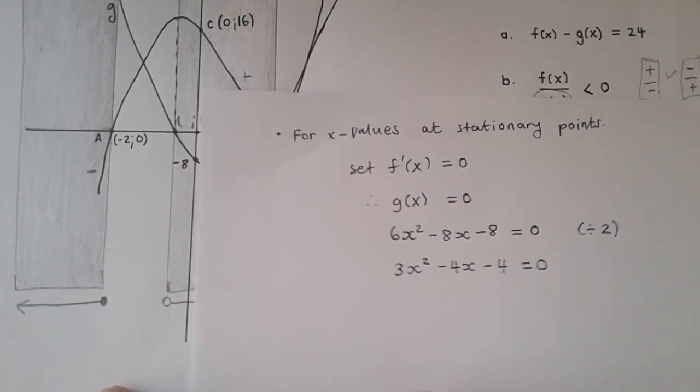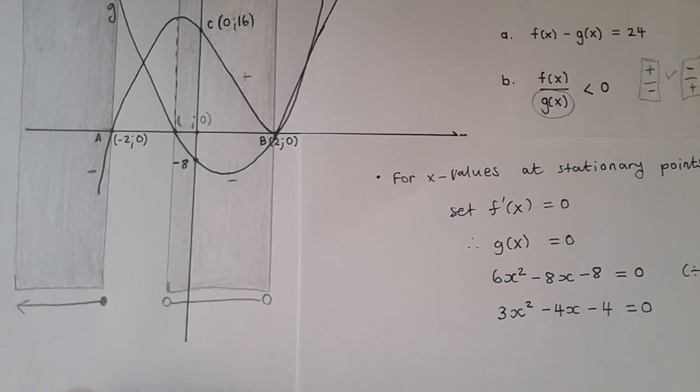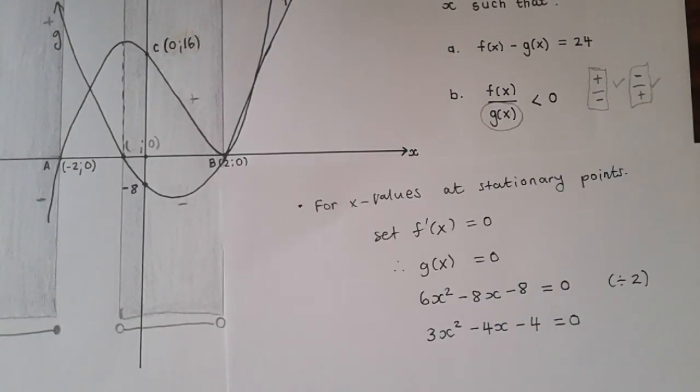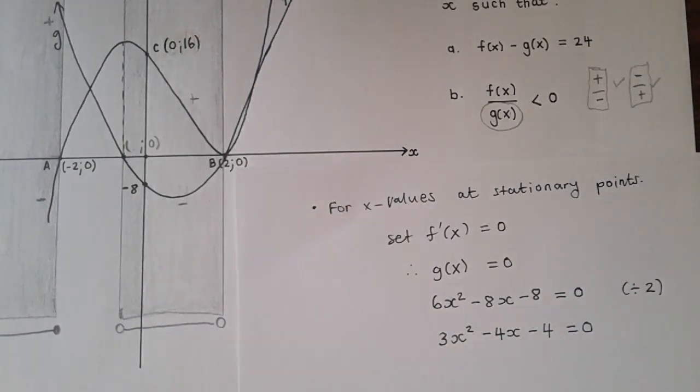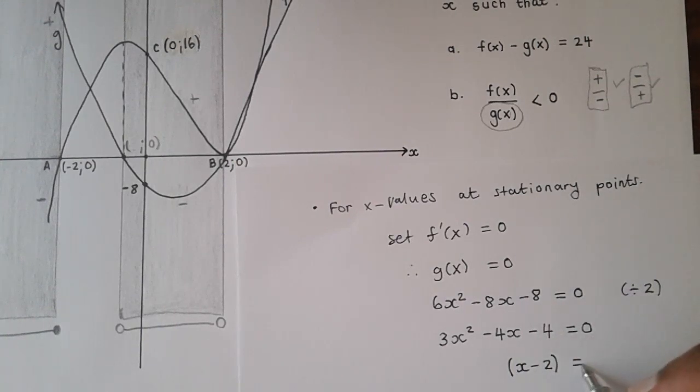Right, so we can use the information on the graph to help us, because we already know that the other turning point is here at an x value of 2. So we know that one of the factors over here has to be x minus 2, just to help us to factorize this. So we can now work backwards and say, well, if we want a minus 4, then we need a plus 2 over here. That is going to give us the minus 4.